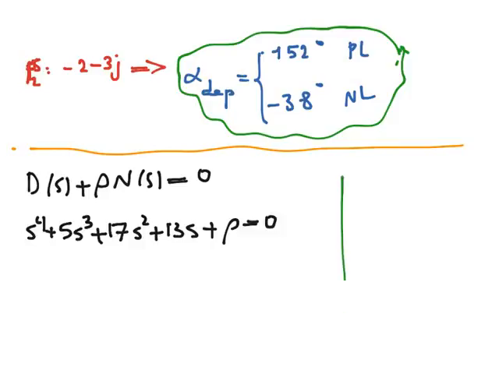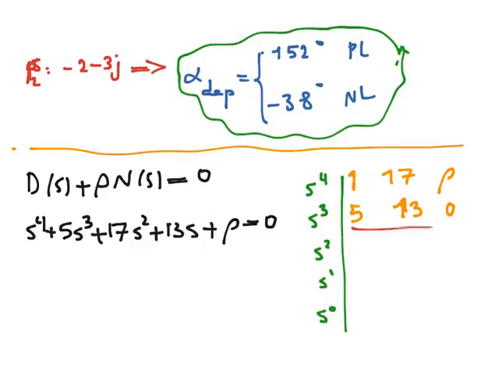For this system we can just form the Routh table for s^4, s^3, s^2, s^1, s^0, and then put the values that we have. For s^4 we will have 1, 17, rho, and for s^3 we will have 5, 13 and 0. Now we need to fill out the whole Routh table, and I would like you to do it for me.